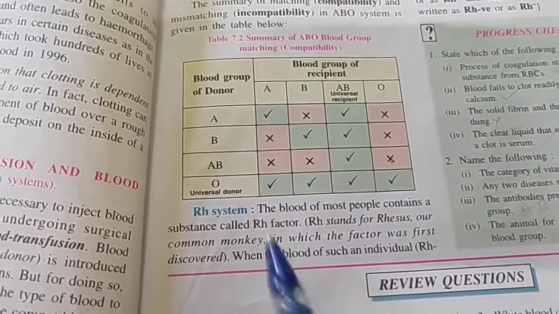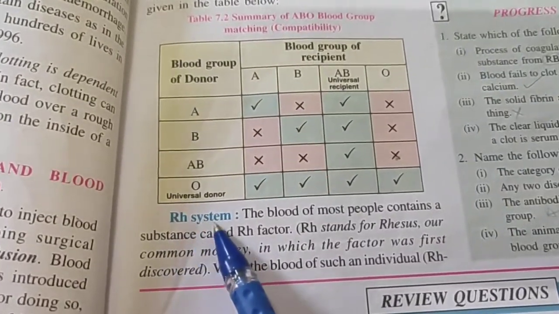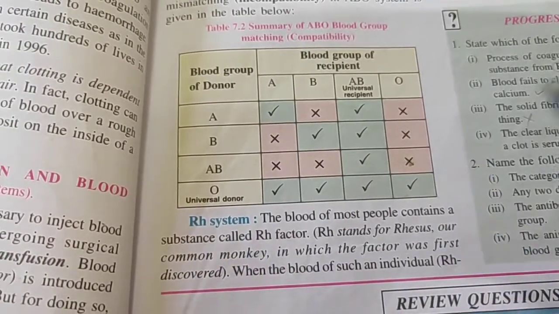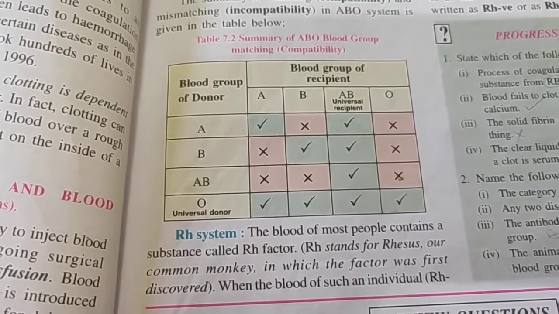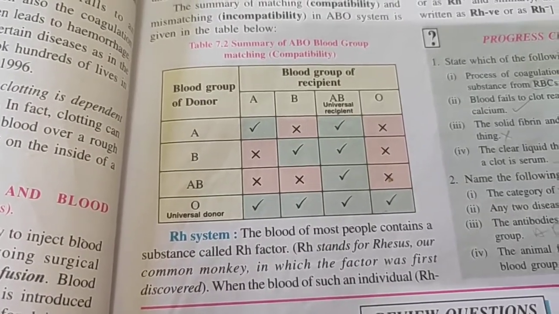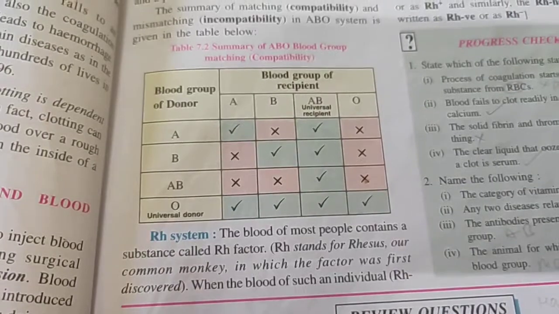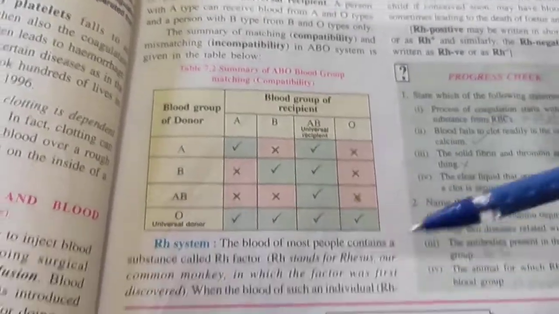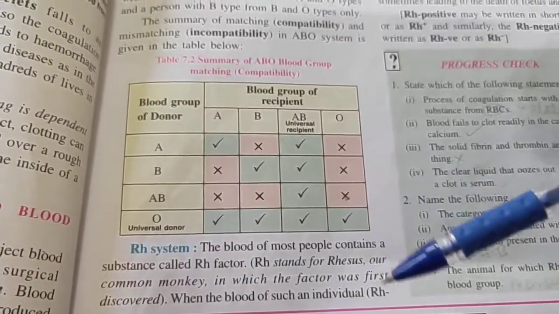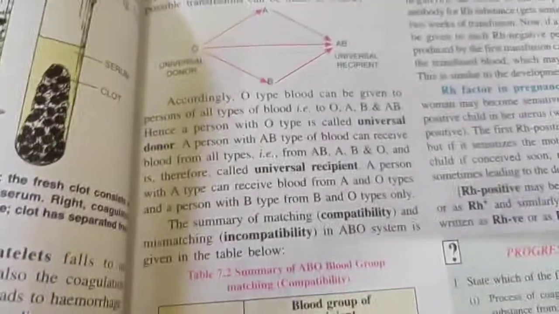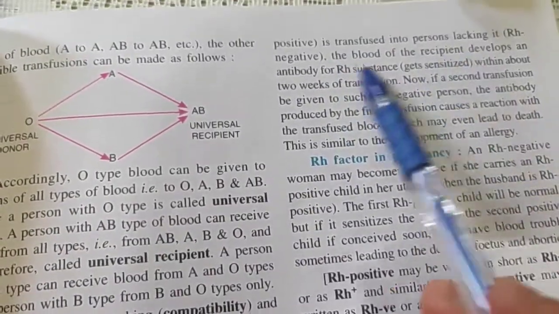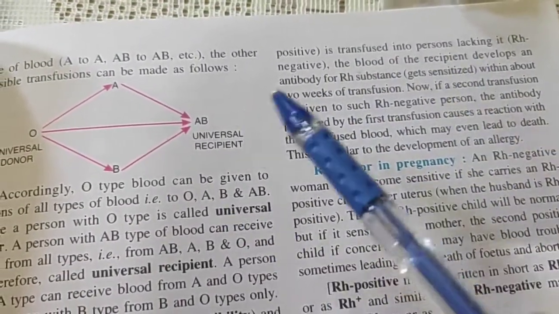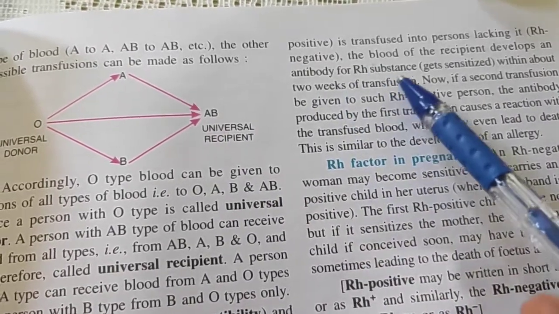One more system is there, RH system. The blood of most people contains a substance called RH factor, and when the blood of such an individual, suppose a person is RH positive, is transfused to a person who is RH negative, blood of the recipient develops an antibody for RH substance.